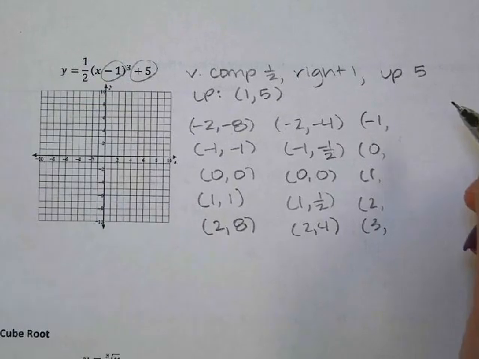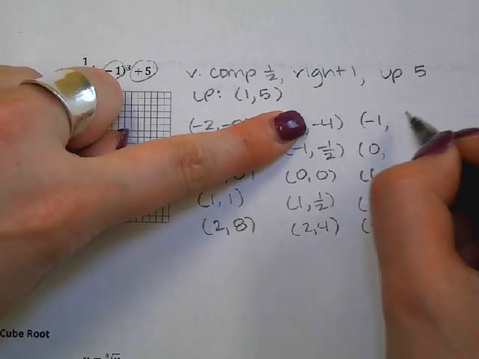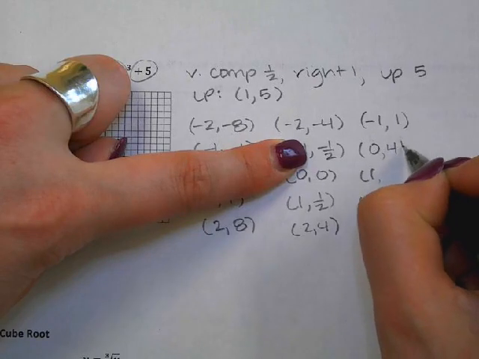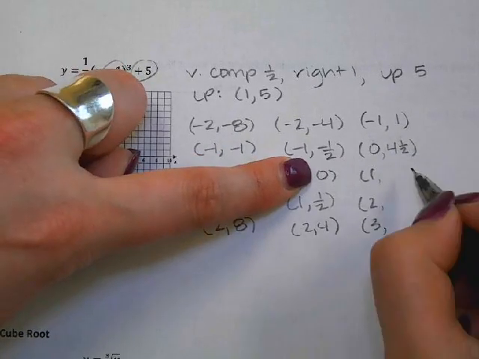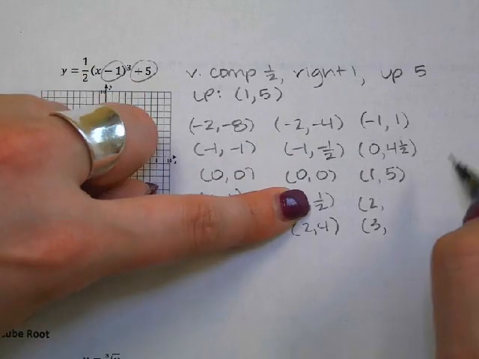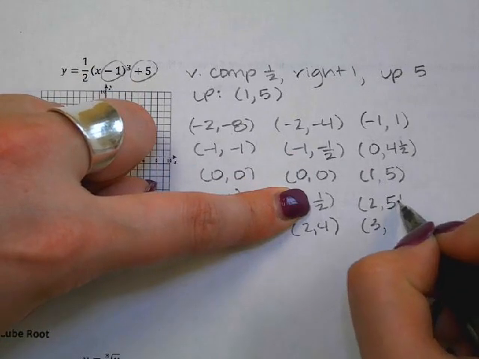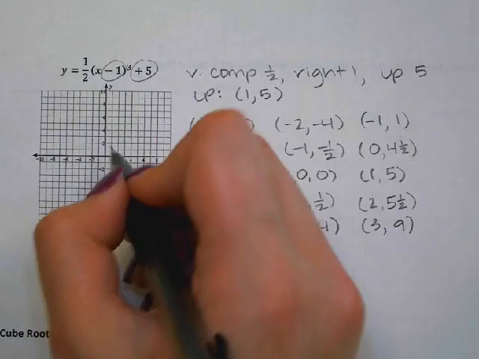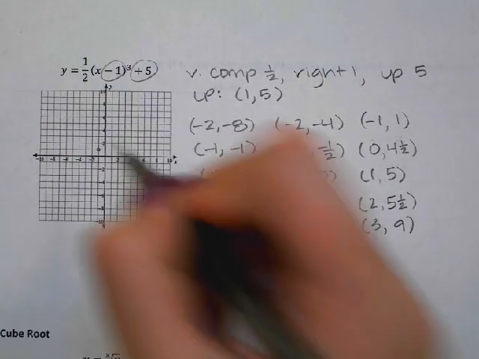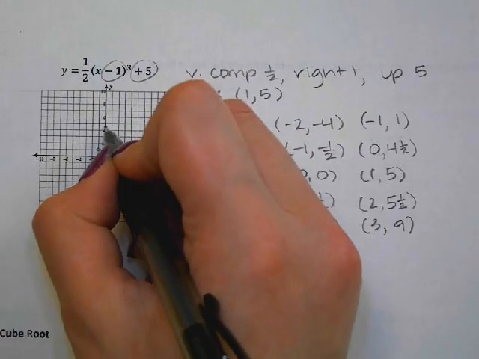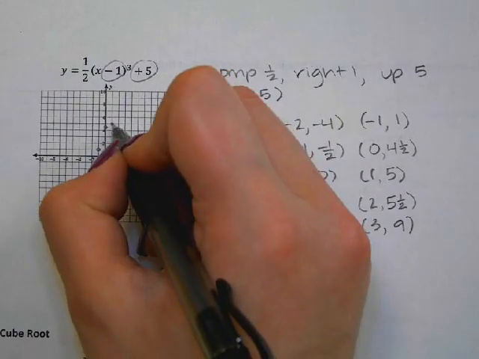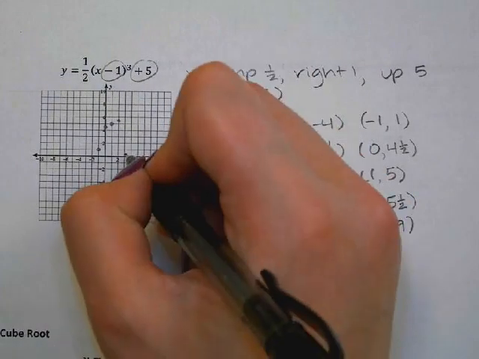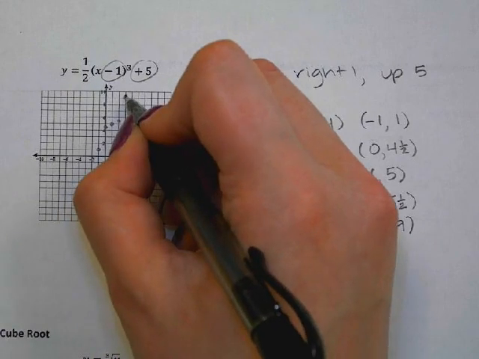And then we're shifting up 5, so -4 plus 5 is 1, -1/2 plus 5 is 4.5, 0 plus 5 is 5, 1/2 plus 5 is 5.5, and then 9. So -1, 1, 0, 4.5, 1, 5, 2, 5.5, 3, 9.